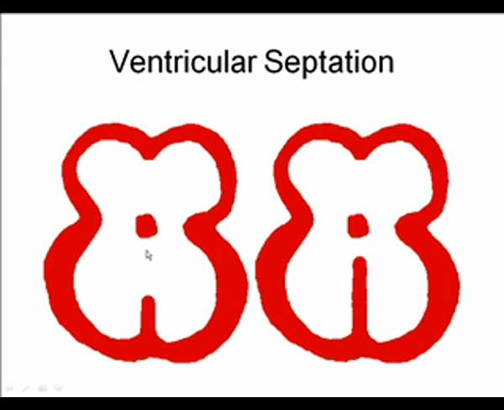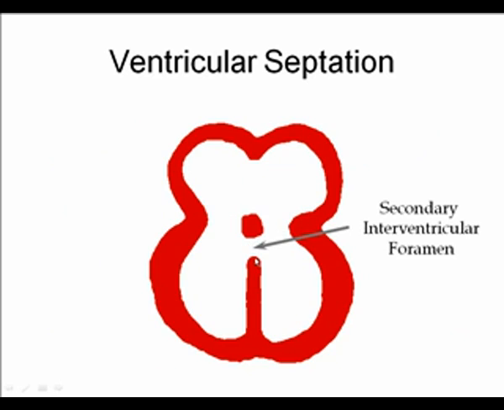That interventricular foramen is going to get smaller as the interventricular septum approaches the endocardial cushion, and will then form what is called a secondary interventricular foramen. This secondary interventricular foramen is going to be closed off from three sources.